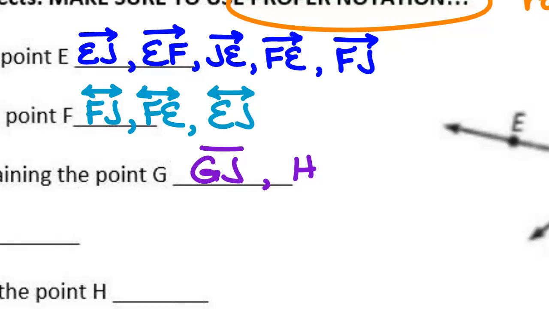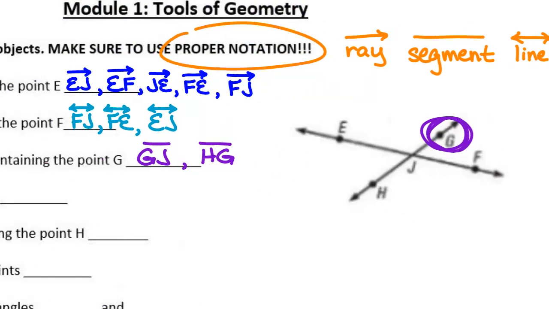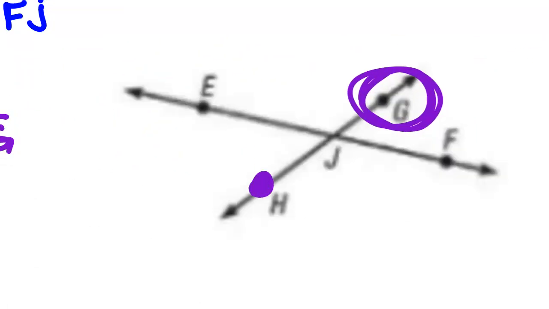Or we could do HG or GH. Because line segments stop, I could not have HJ, because that would stop at those two points and it would not continue on and contain point G.